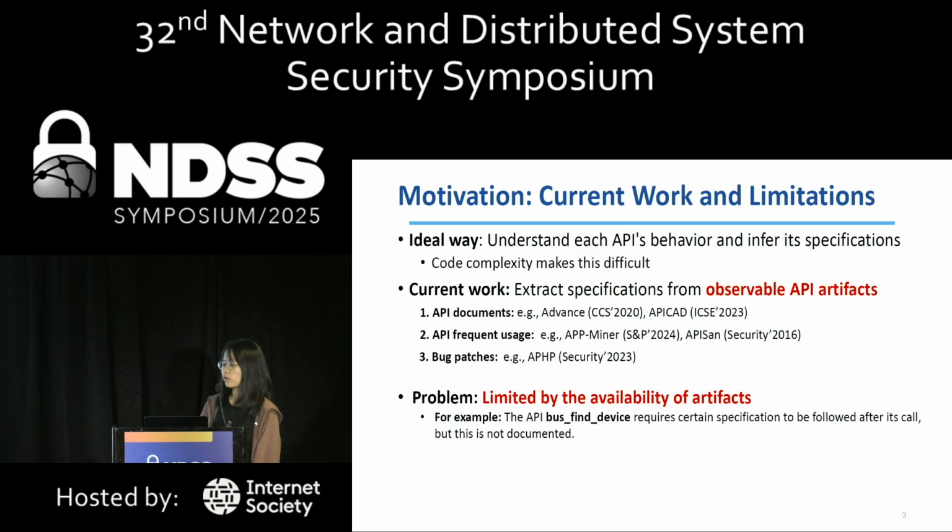Previous work has proposed various methods to extract specifications, which rely on different API artifacts, such as API documents, frequent API usage, and bug patches. However, these methods depend entirely on the available API artifacts, and their effectiveness is limited.